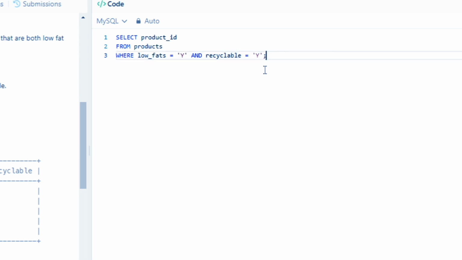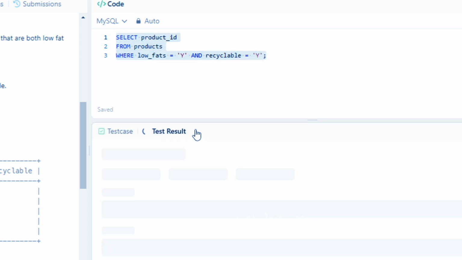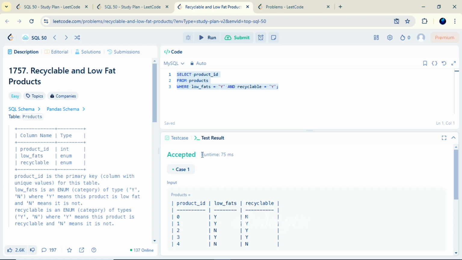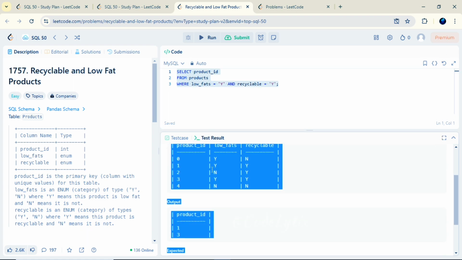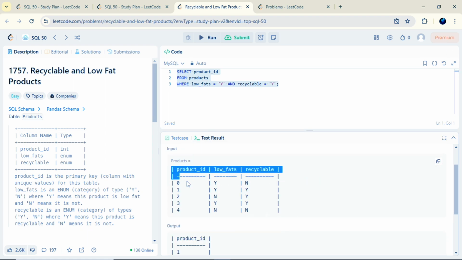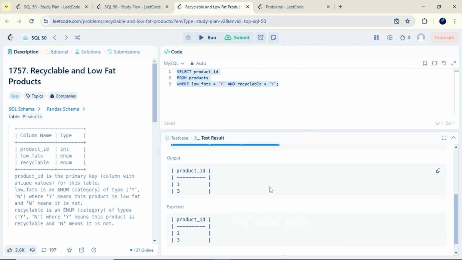So the query is written now. Let me run it, and there we have it. It is accepted. The input was in this way. This is the input table, and the output we got is this one, which is the same as the expected output.